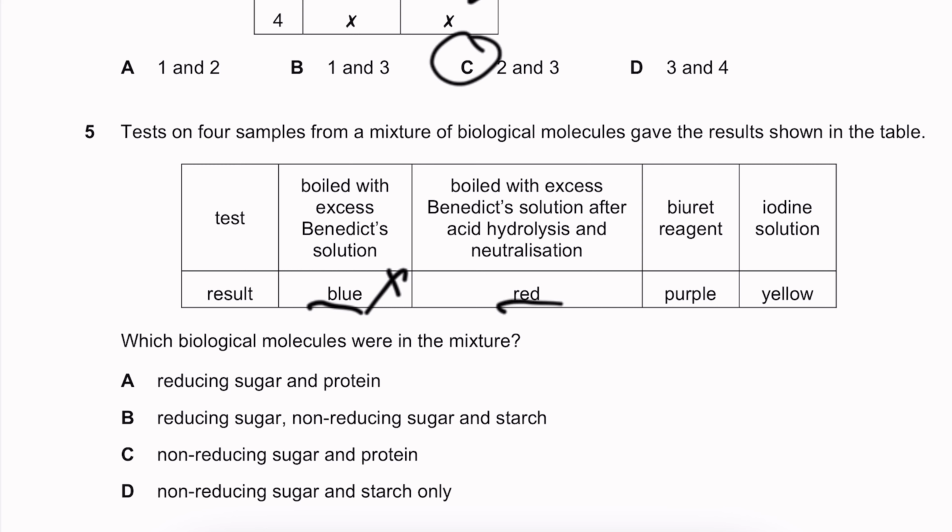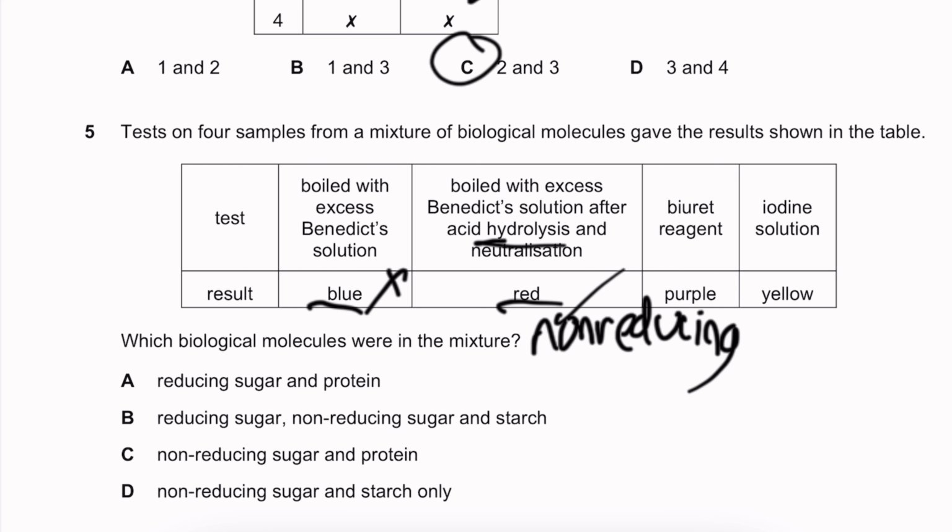This shows that it has non-reducing sugar because hydrolysis is going to break down the glycosidic bonds to form the monosaccharides, which are reducing sugars and are going to be positive for Benedict's test, which is why the answer here is red. So this is going to have non-reducing sugar. An example is sucrose.